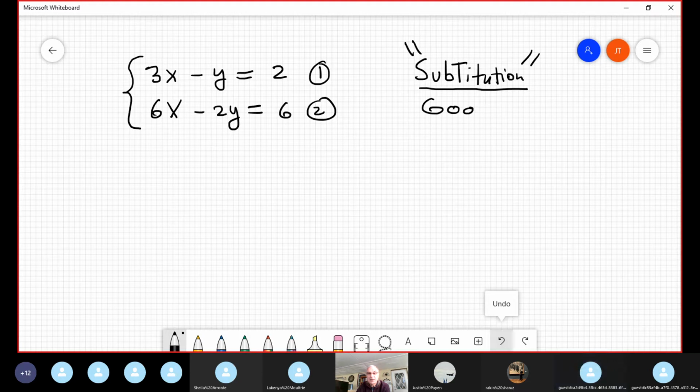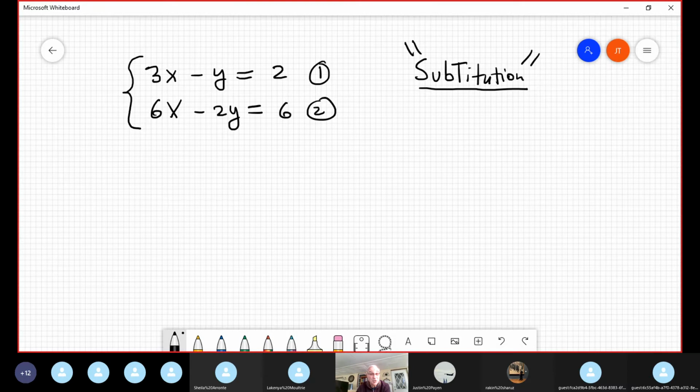Let me repeat the idea. Substitution is good when at least one coefficient is positive 1 or negative 1. Otherwise, no good. Not impossible, but it's not good. You complicate your life. So the selection of substitution is because the coefficient here is negative 1.